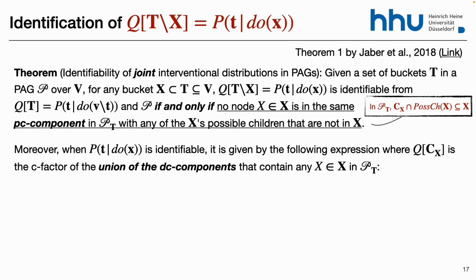And if the condition is holding, then the joint distribution under an intervention on a bucket is going to be given by the following expression. We know this already. So QCX is just the Q factor, the C factor over the union of the DC components.